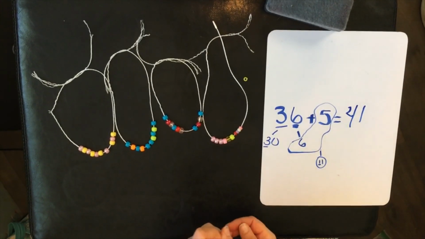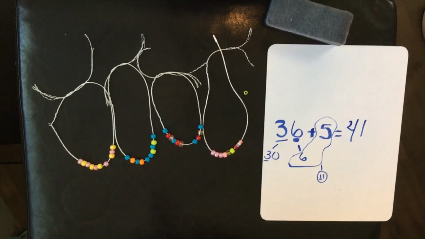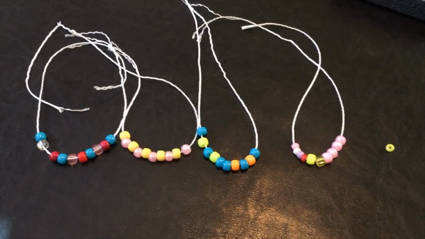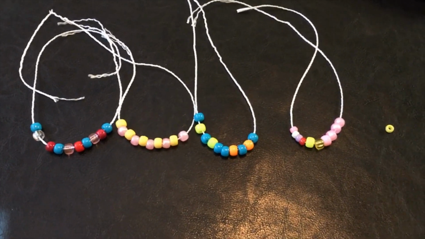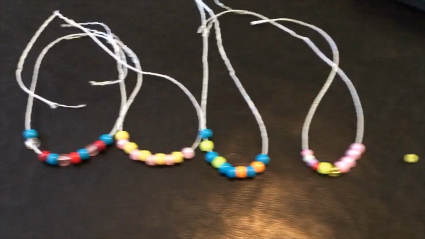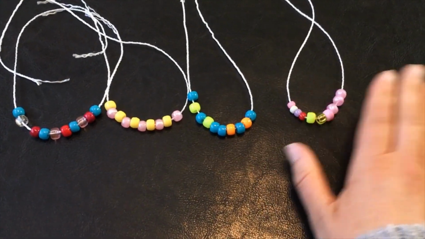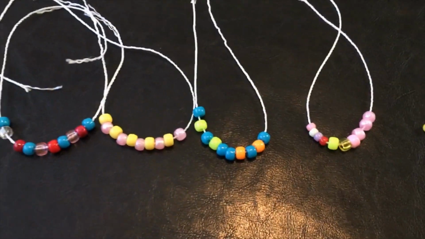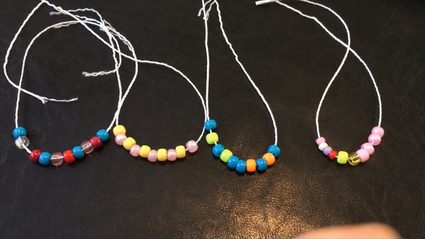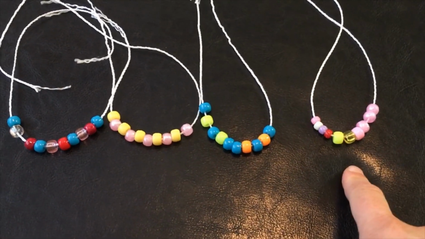And that is 41. So we call that regrouping or renaming because we took some ones that were separate and grouped them together and renamed them as a 10 instead of just ones.